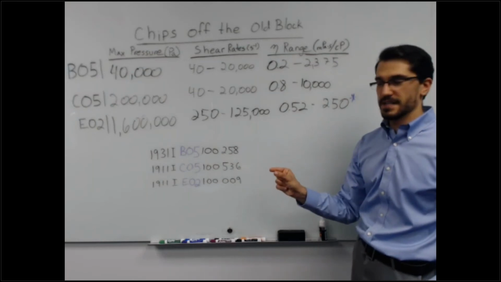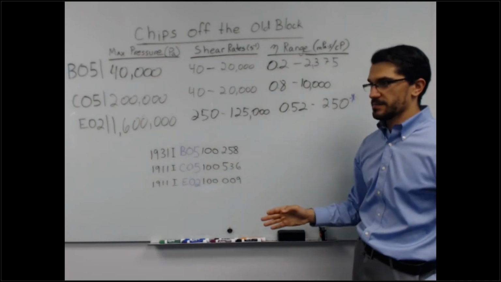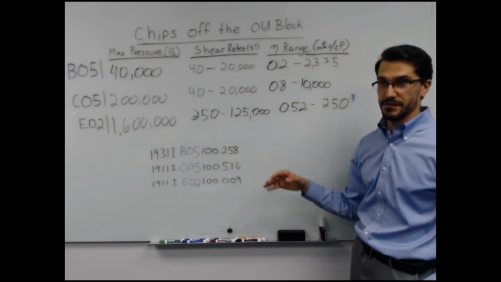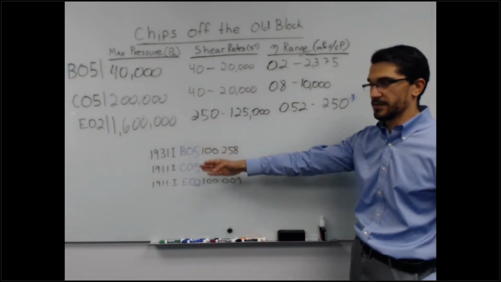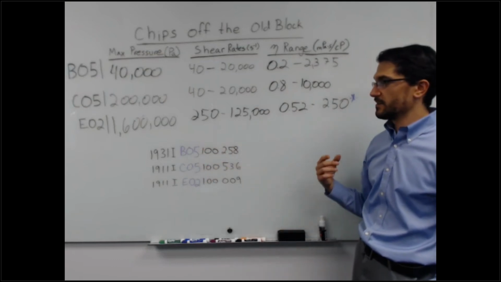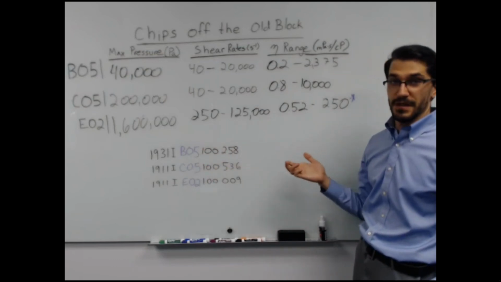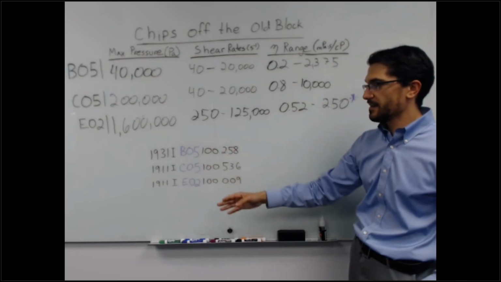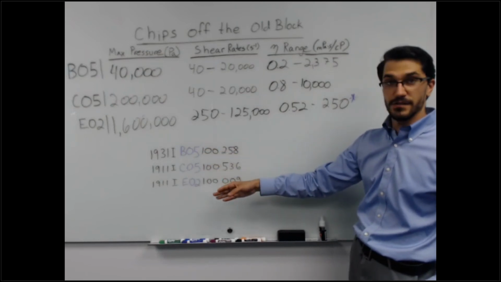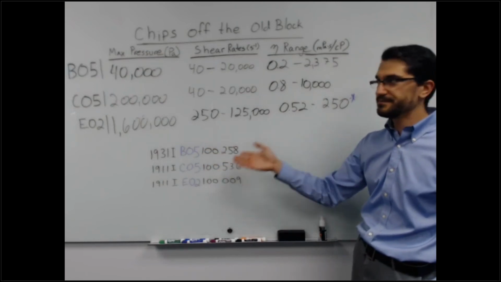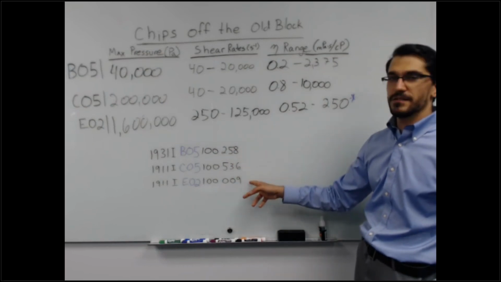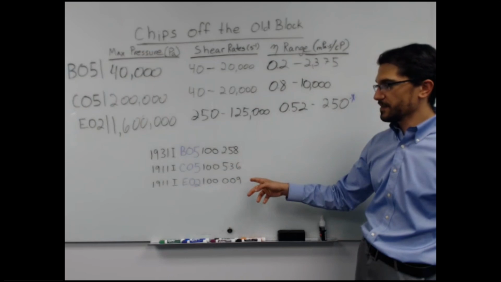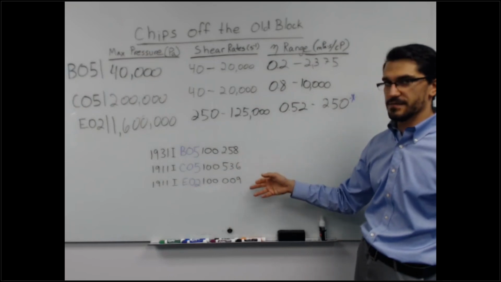While the microfluidic device is the same throughout all chips, the external housing is all different. And so to know which type of chip you're using, you also have this lever. And then to see which chip you're actually using, in the middle, we have BO5, CO5, EO2 to dictate to you which chip you're using. And finally, the last three digits of the serial number are the chip number from its manufacturer.